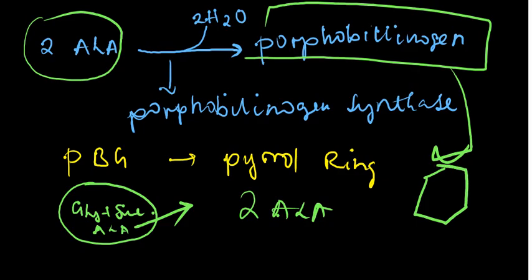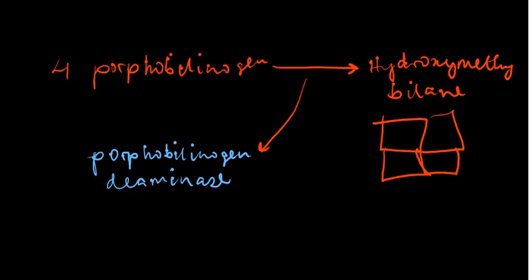So take note. The next reaction is, now that we have porphobilinogen, remember we had one pyrrole ring. Four pyrrole rings are going to come together. There will be a formation of a tetrapyrrole, meaning four pyrrole rings.